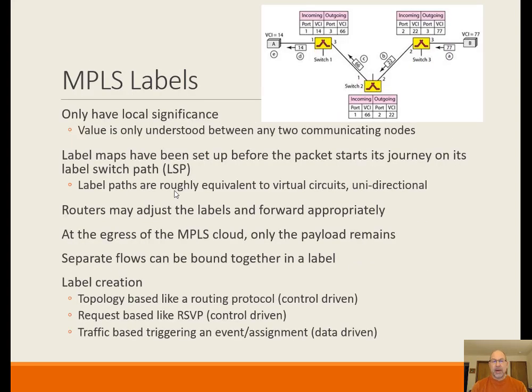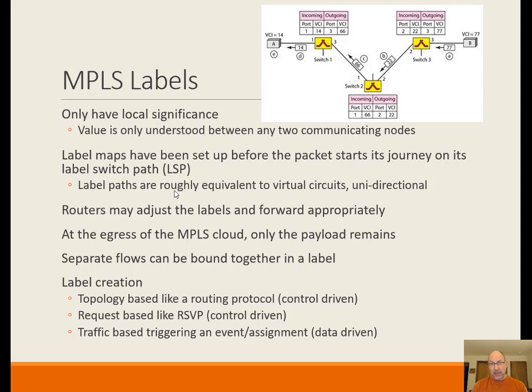Couple of details about MPLS labels. They only have local significance. And what that means is that they can be end-to-end, but they have to be mapped end-to-end. To begin with, they only have local significance. So what happens in a router that's performing MPLS forwarding is that a label is input to a particular port, and then the router creates a mapping from that label to a different label on the outgoing port.